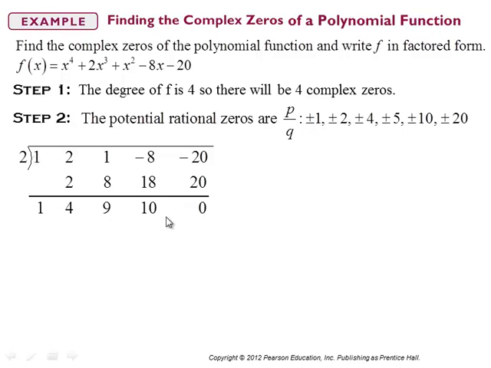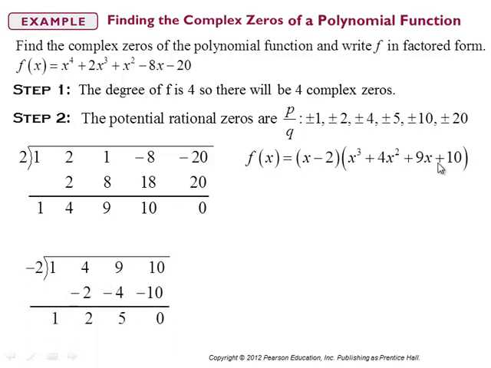We know from looking at this that 2 is a root, and that x cubed plus 4x squared plus 9x plus 10 will be the quotient of that division. So then we're going to try to factor this third degree polynomial, and we go through the same process. We can start working our way through the list, and it turns out that -2, when you do the synthetic division, results in a remainder of 0.